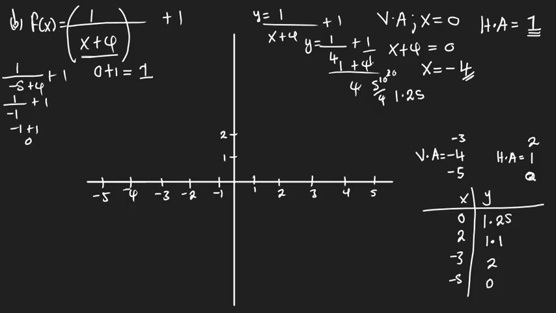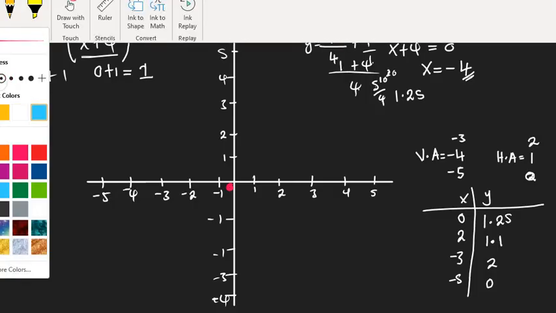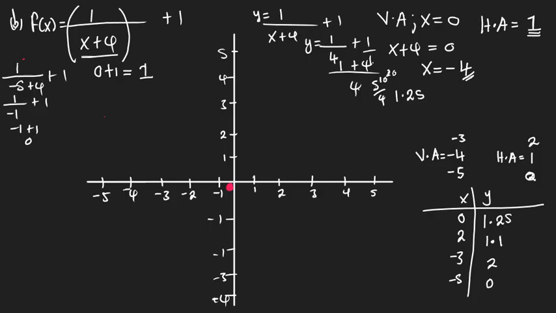Then you sketch. What is z? 0, 1.5. So 0 is here, 1.5 is somewhere here.